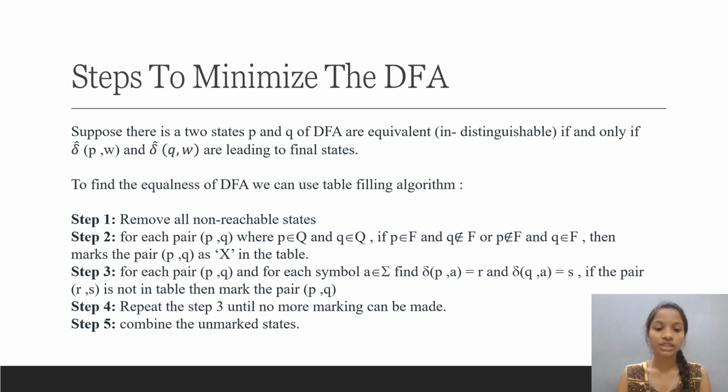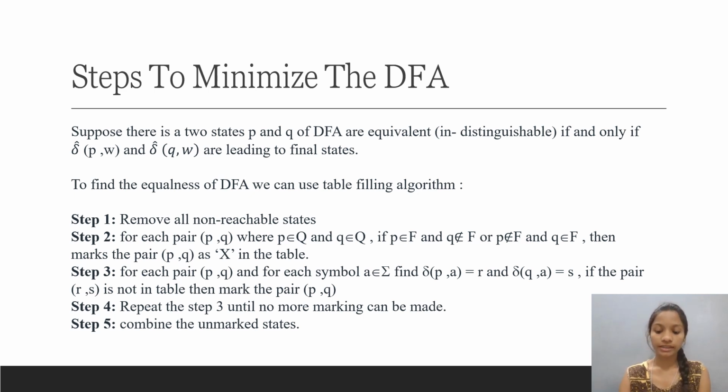Step 3: for each pair of P, Q and for each symbol A belonging to the alphabet, find δ(P, A) equals R and δ(Q, A) equals S. If the pair R, S is marked in the table, then mark the pair P, Q. Step 4: repeat step 3 until no more markings can be made. The last step is to combine the unmarked states. This algorithm defines how we have to minimize the DFA.